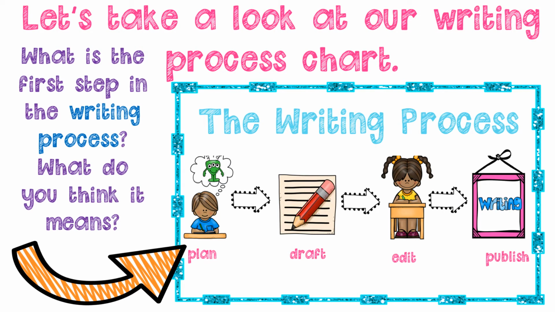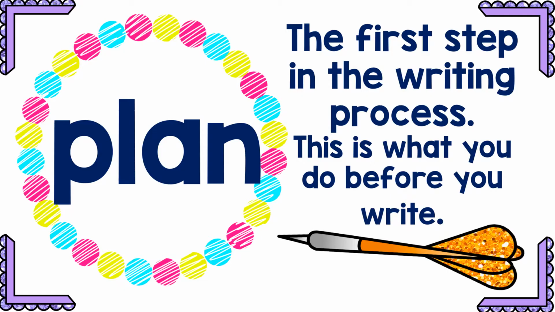Now let's really look at our writing process chart. And let's talk about each one of these steps and what it really means. The first step is planning. So if you plan, you're thinking about what you're going to write before you write it. You're getting an idea of what you're going to write about. Now, if you go on a trip, you have to plan ahead. You have to think about what you're going to pack.